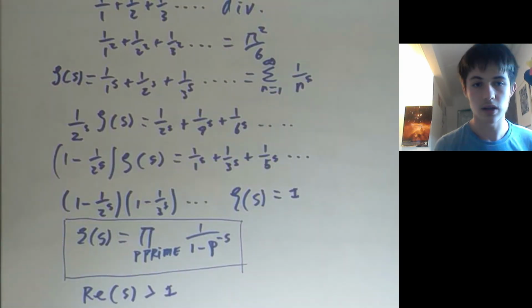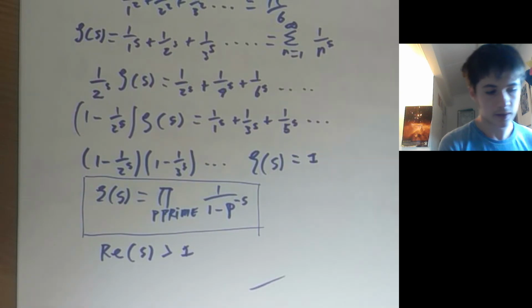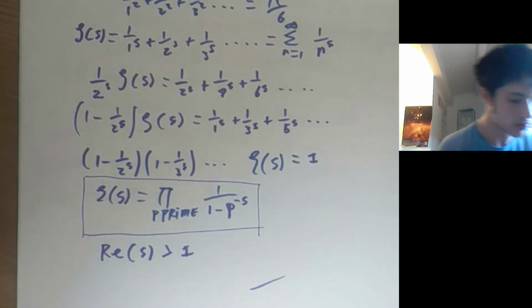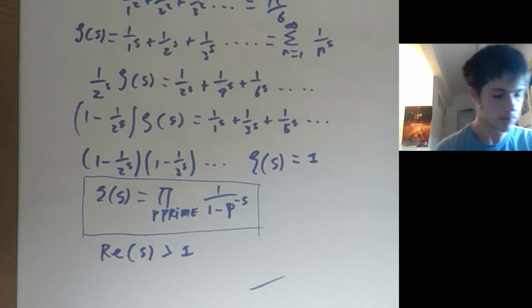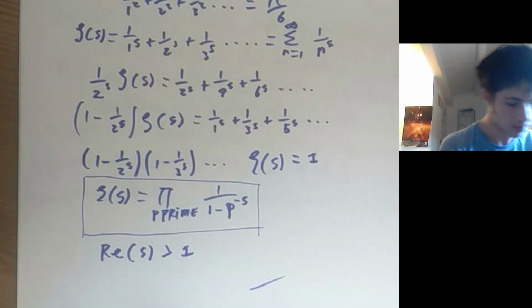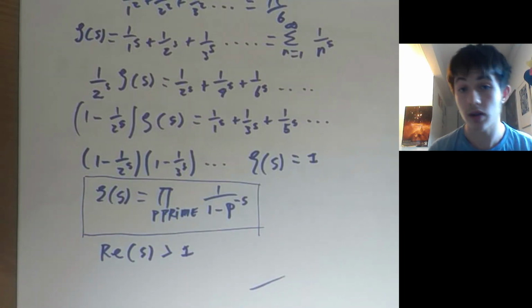So that's why we can solve the 1 over 1 plus 1 over 2 plus 1 over 3, etc. And also for negative numbers and things with imaginary parts, the real part of s is less than or equal to 1. For those we can't compute this.